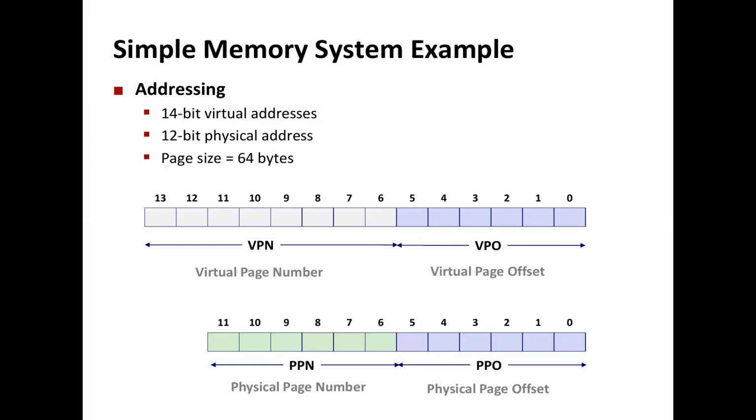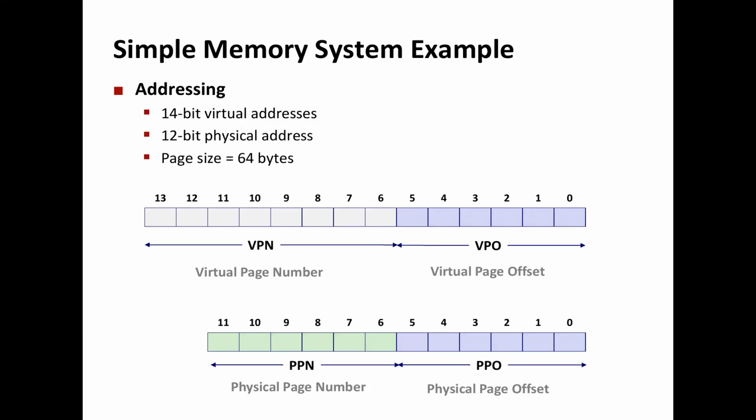So what is the virtual page number? 14 minus 6, the offset, so it's going to be 8 bits. That means our page table should have entries from 0 to 255, because 2 to the power of 8 is 256.